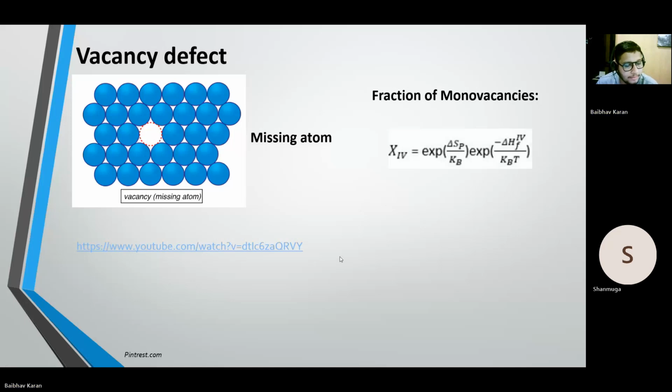Then there are different thermodynamical equations related to vacancy defects, like how monovacancies are formed, where monovacancies, as the name suggests, means formation of a single vacancy, and what the fraction of monovacancies is. Then from monovacancies we went into divacancies: how the divacancies are formed, what the fraction of divacancies in the material is, and how the fractions of monovacancies and divacancies are related to each other.